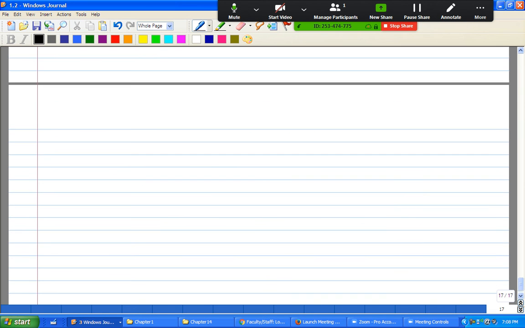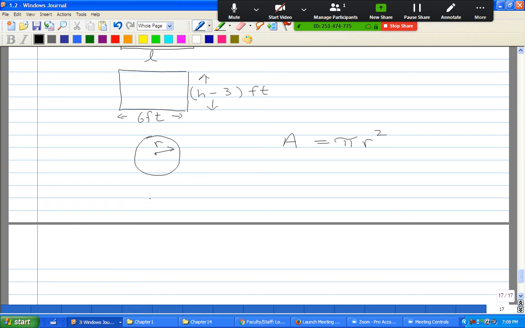And so, if you have a semicircle of radius 3, then its area is 1/2 of the area of a circle, so 1/2 pi r squared.